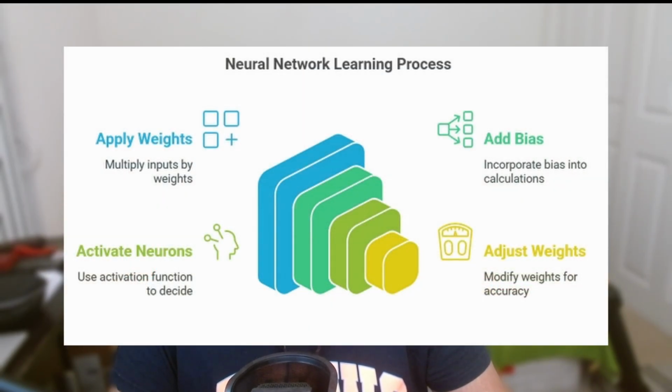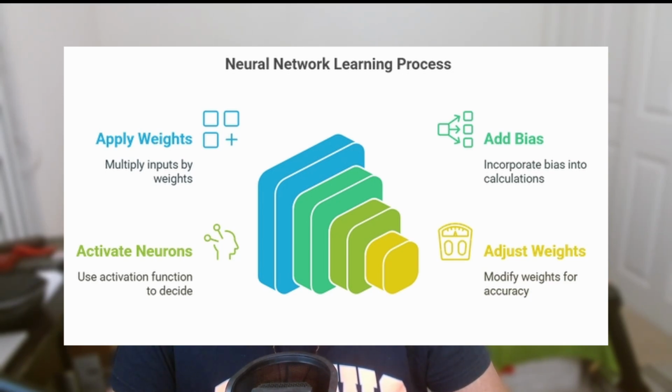All right, what about the learning process? The neural network learning process. So the learning process involves several key components, and these key components are stuff like each connection between the neurons having a weight, and what this weight does is it acts as a multiplier, and then neurons combine these weights, their inputs, and then an additional number known as bias.